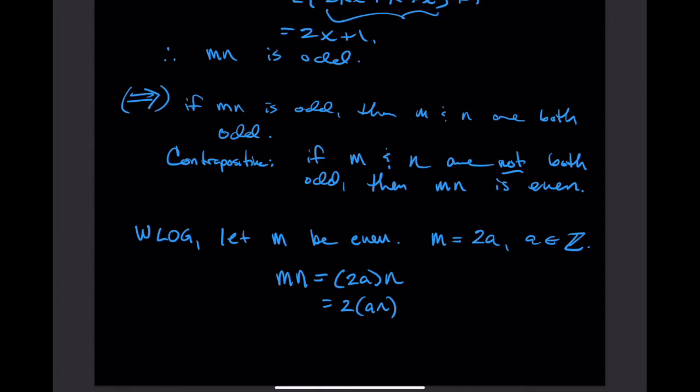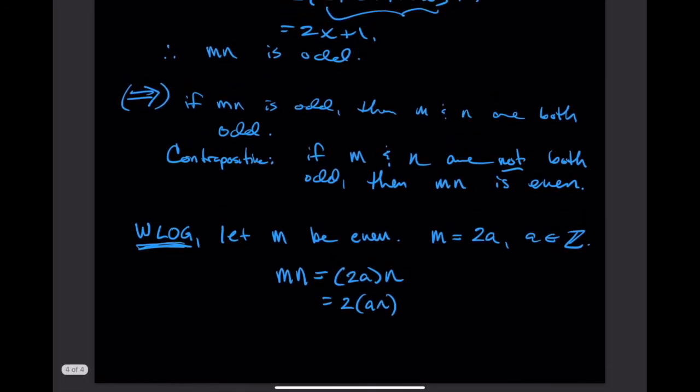And we're going to be done right here because of the statement without loss of generality. So if we didn't say that, look what would have happened. We would have had to say, well, n is even. And that means that n might be 2 times b, and then we would have m times n is m times 2b, which is 2 times mb.